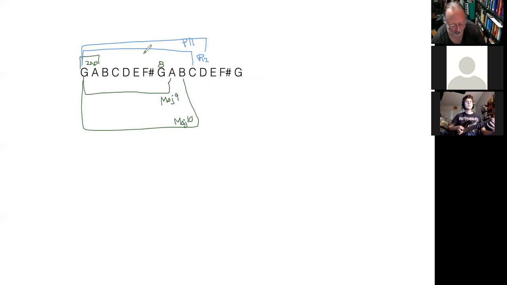And a perfect 12th is the same as a perfect fifth plus an octave, right? Isn't that just a power chord? The first and the fifth? Yeah. So 1, 5, 1 is a power chord.